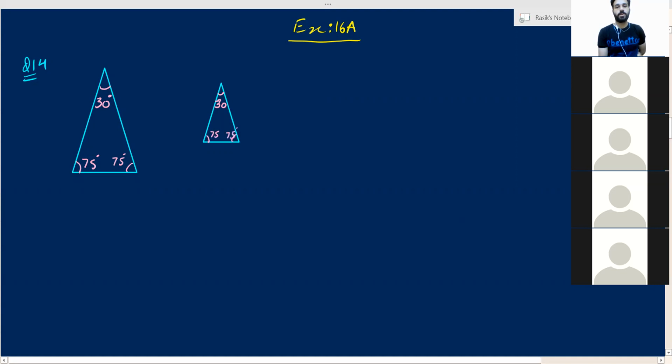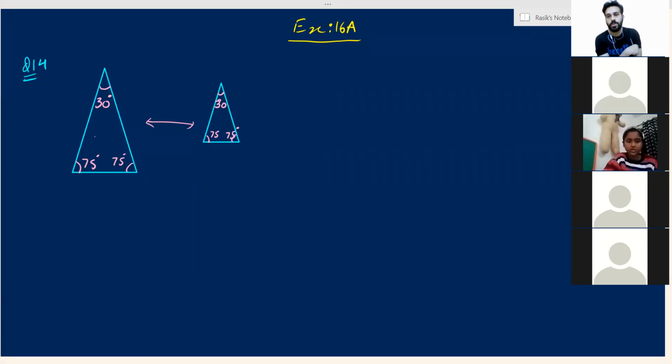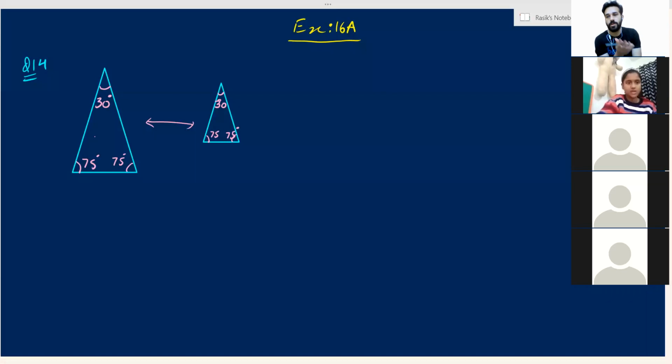That means can we say that all the angles of the two triangles are the same? All angles are the same: 30, 75, 75. So if angles are the same, does this mean that the two triangles are congruent? No, sir. What is the condition that is required to be congruent?